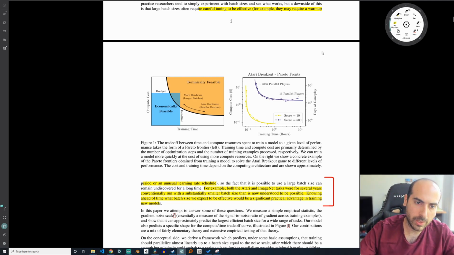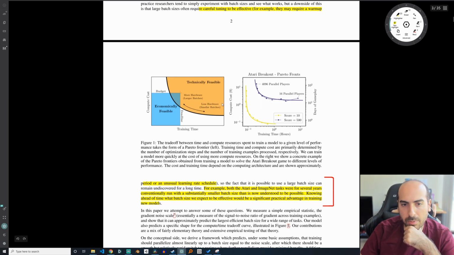So what is this chart saying, right? So you have a compute cost, then you have a training time, and okay, so this is a rectangle for some reason, and then they're saying less hardware, smaller batches, more hardware, larger batches. Okay, and then what is this saying?